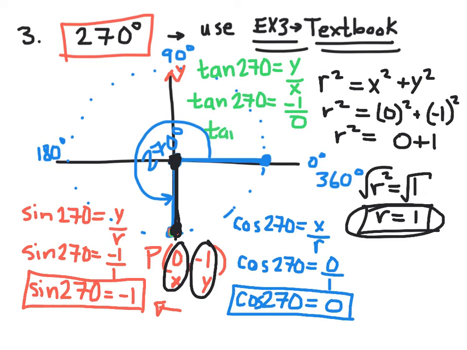So tan of 270, -1 divided by 0, is undefined. You can't do the tan of 270. You can't divide by 0. So this is undefined. If you actually did tan of 270 on your calculator, it would say undefined or error. And I would try to do this with the angles of 180 and 360 with these guidelines.